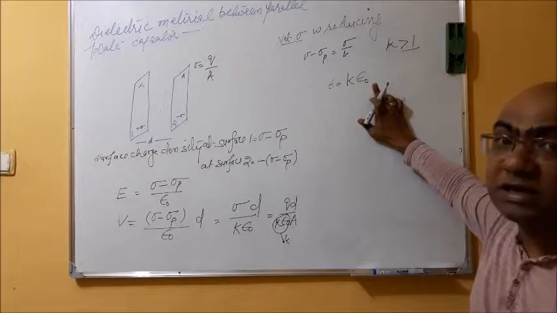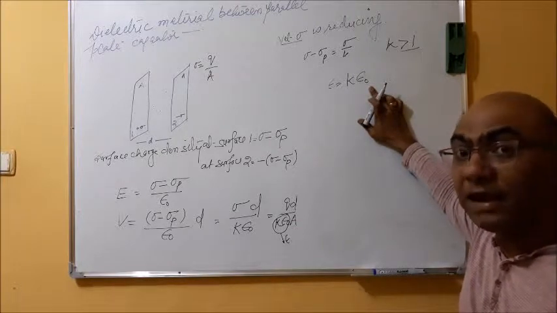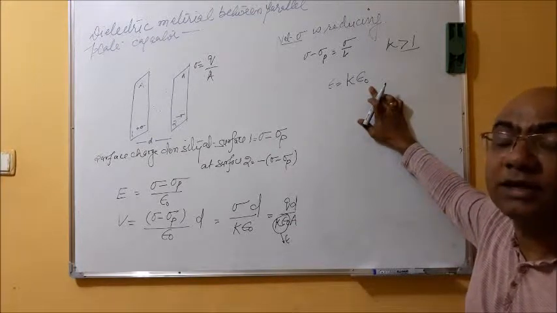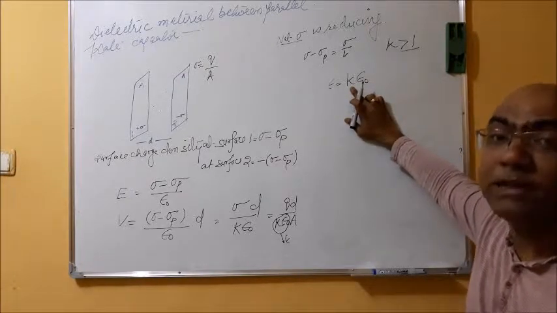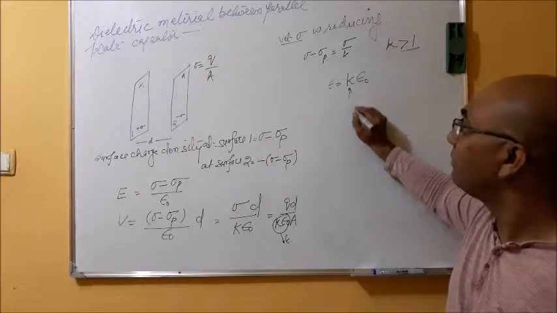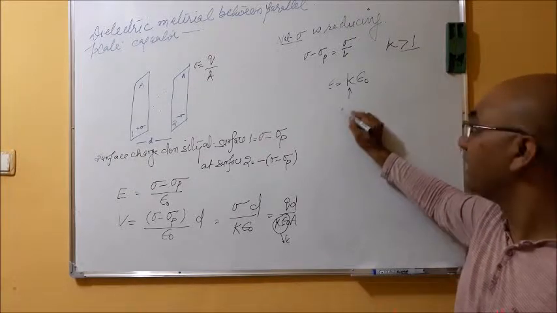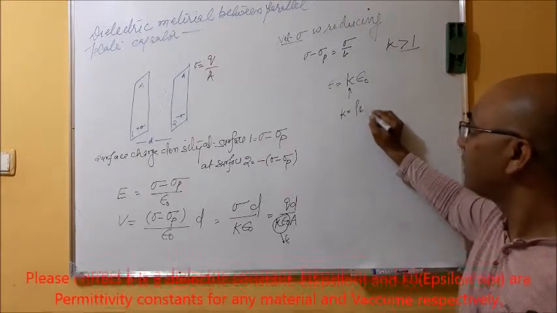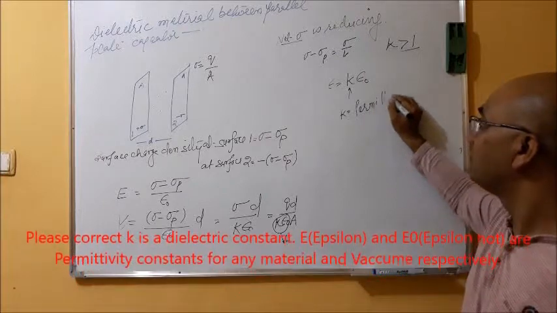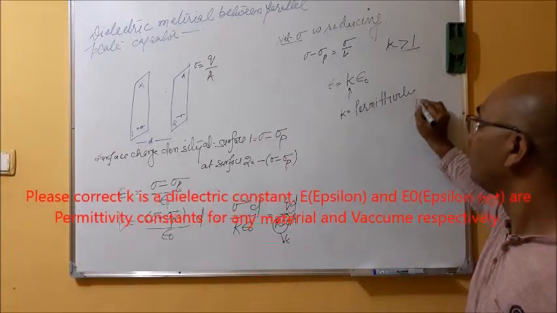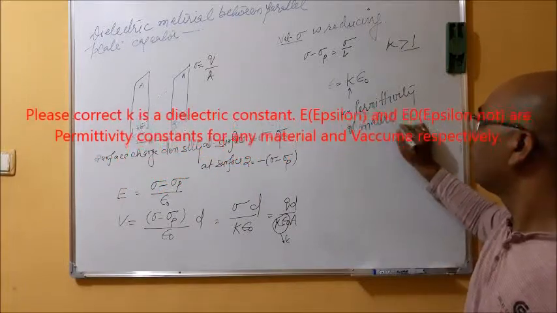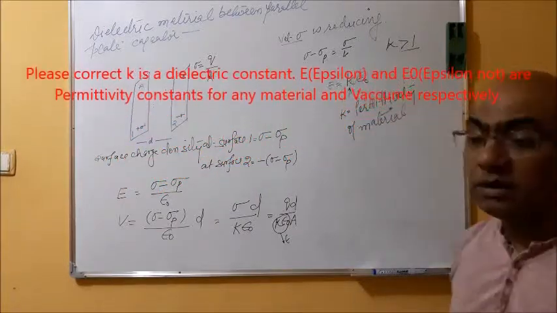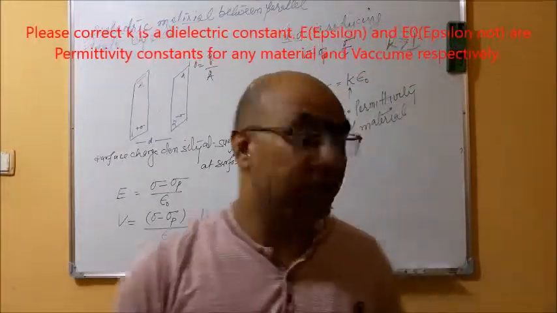The epsilon naught is the value when we are working in vacuum, and if we are moving to any medium, then we multiply with this constant k, and k is defined as the permittivity of the material. Okay, so k is defined as the permittivity of the material.